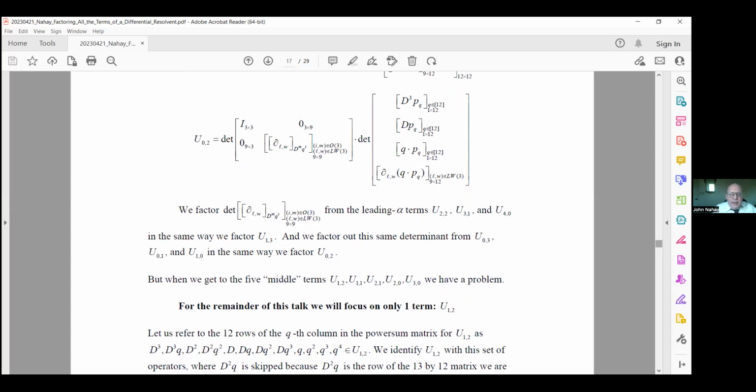And we factor out the same determinant from U03, U01, and U10 in the same way we factored out U02. Those are the lowest powers of alpha in those derivatives.